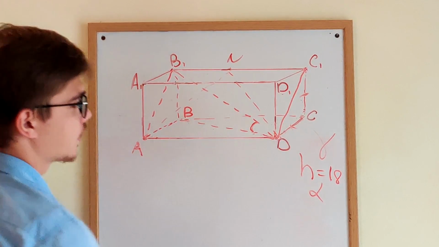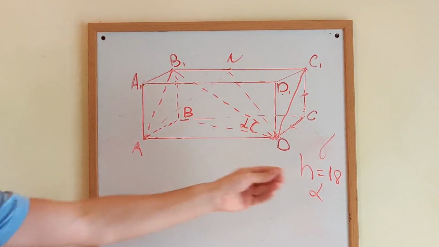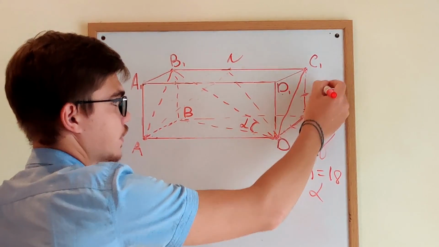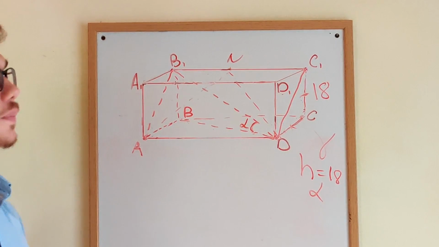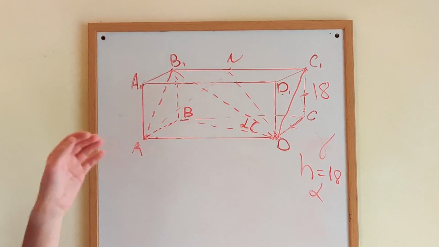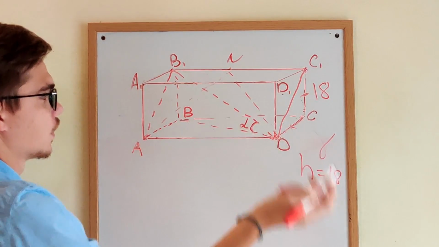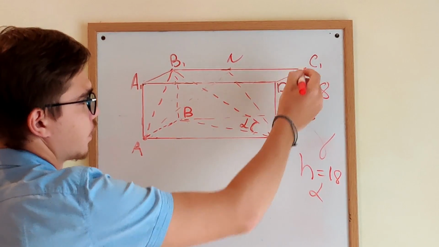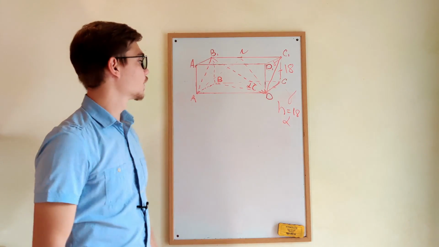So this is actually this angle, this is alpha. And the height is just the side C1C, for example, or D1D, they are the same. And these sides are equal. Now you can also label that the plane of this rectangle is gamma, but this doesn't change anything.